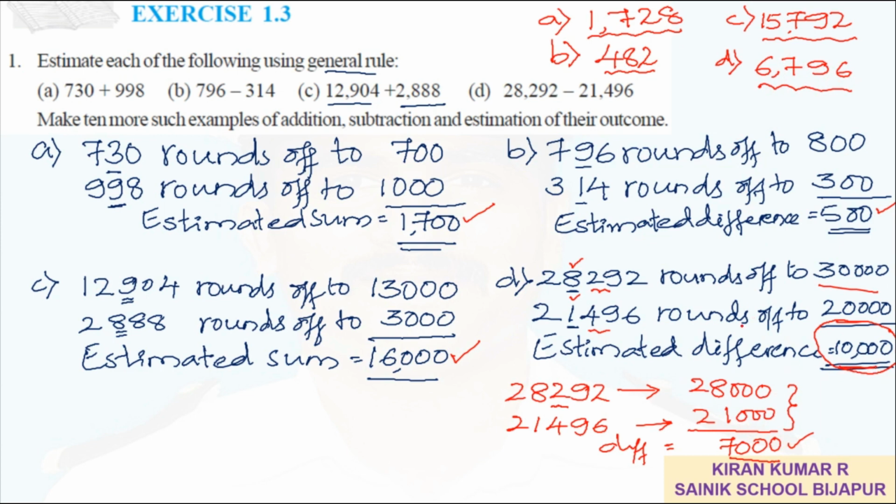You understood why I did not consider this 30,000 and 20,000? The reason is the difference would become very much larger than the actual difference. So we have to neglect this and we have to come to a conclusion to round off to the nearest hundreds.